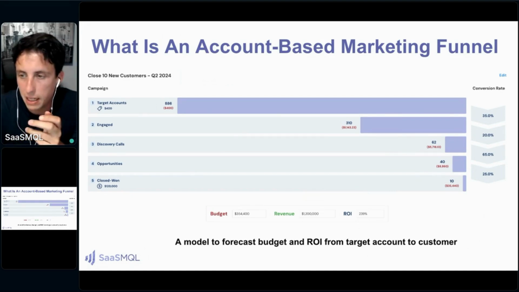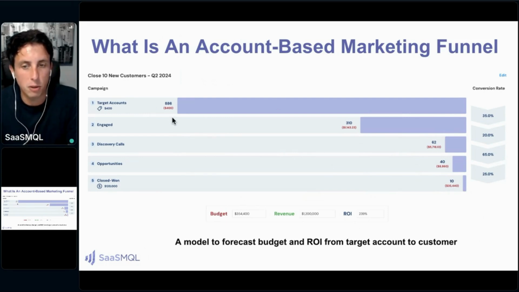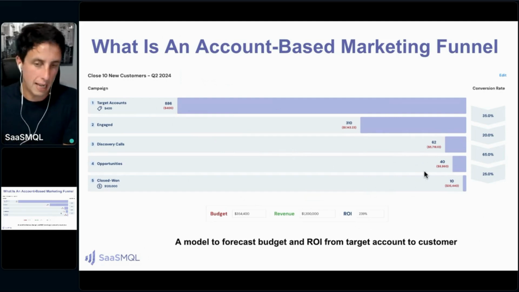So here, by inputting realistic conversion rates, the model is telling me that I'm going to need a list of 800, almost 900 accounts to drive 40 opportunities to close 10 customers next quarter.